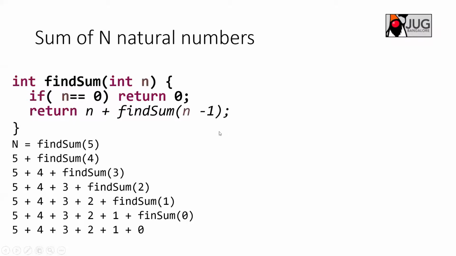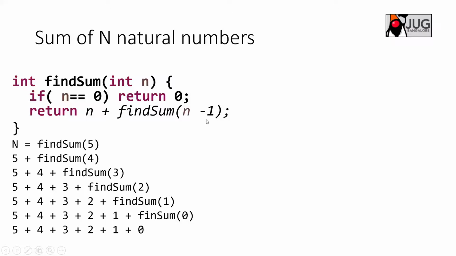Any guesses? Do you think this is a tail recursive call? I don't know whether it is the last call here. No, right? Because after this function returns, I need to do some addition, because the last one is computed first, and then that will be added to this n. So this is not a tail recursive call.